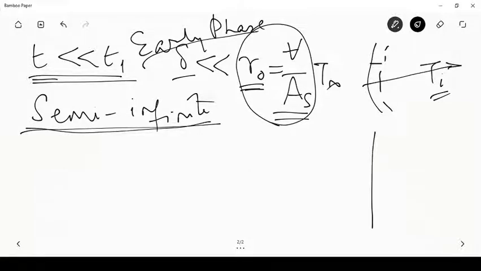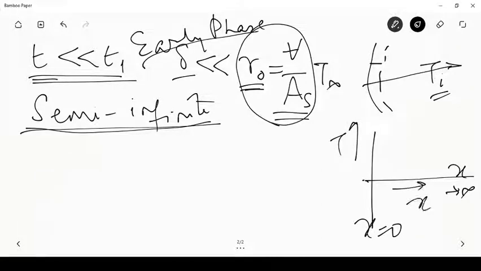you have a surface here, and the surface starts from x equal to 0 and goes to x tending to infinity. That is the extent of the domain, and the temperature profile will be plotted as a function of x. So if I plot T versus x, you would get the various temperature profiles at different times.